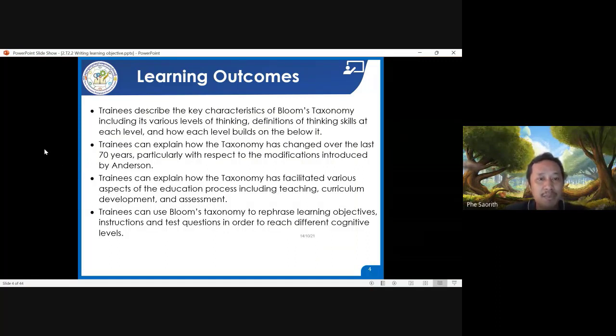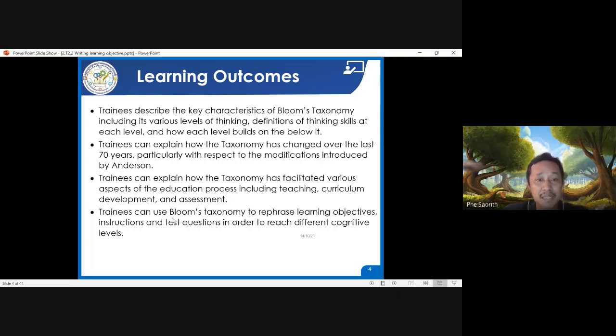The next one: trainees can explain how the taxonomy has facilitated various aspects of the education process, especially in designing curriculum and assessment, and also writing learning objectives. So you can see, such as teaching, curriculum development, and assessment, as I mentioned.